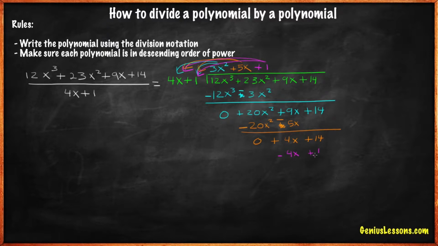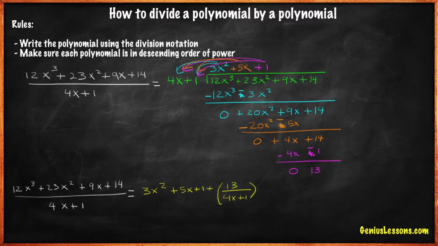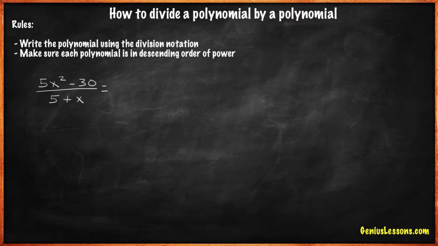Change the signs and let's add them. 4x minus 4x is 0, and 14 minus 1 equals 13. The remainder is 13. The answer is written as 3x squared plus 5x plus 1 plus 13 over 4x plus 1. Let's try one more.